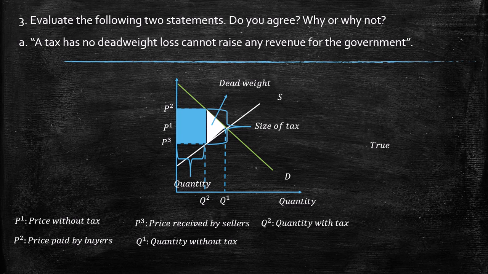So in this case, there are going to be transactions that are not going to be held, because there are going to be consumers that are not willing to pay at this price, which is higher than the equilibrium, and producers will not produce at this level as well. So in this case, it's true. It doesn't matter. There's always going to be a deadweight loss.